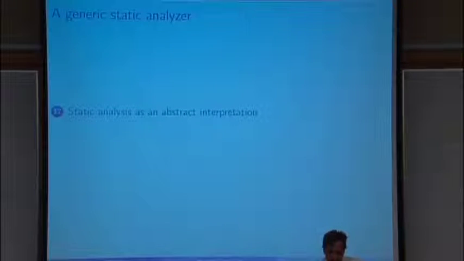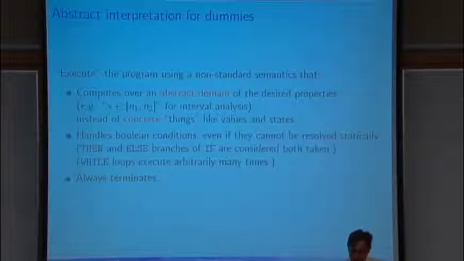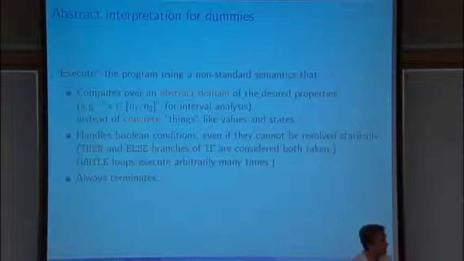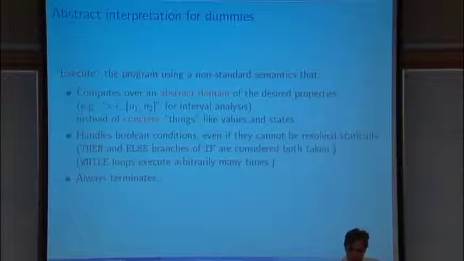Okay, and so how do we do static analysis? Well, there are plenty of ways, but there's a fairly generic one called abstract interpretation that I'm going to illustrate and even implement in Coq with you. And the idea of abstract interpretation is quite simple, actually.